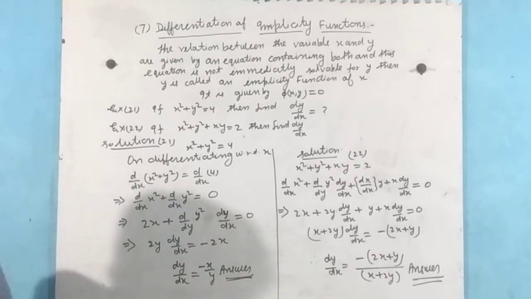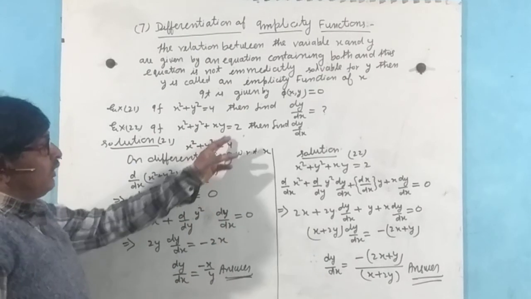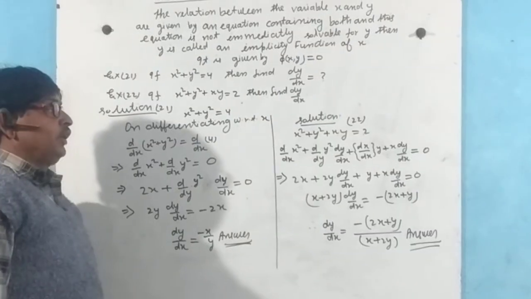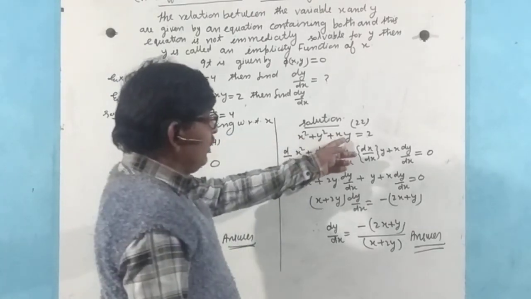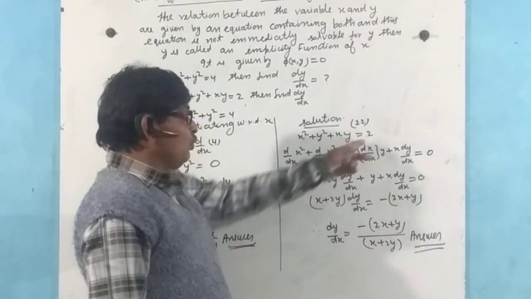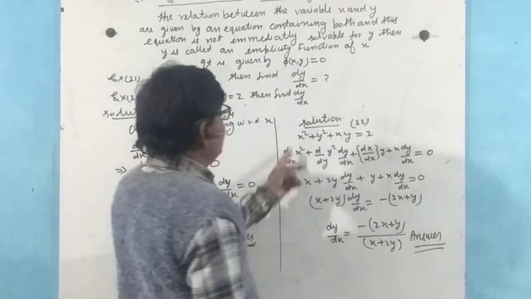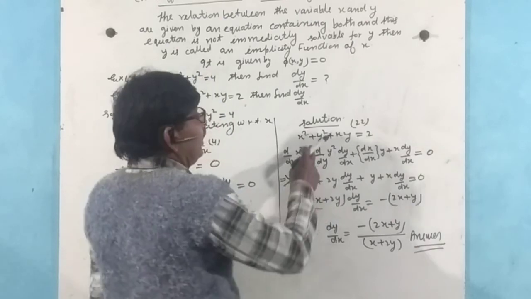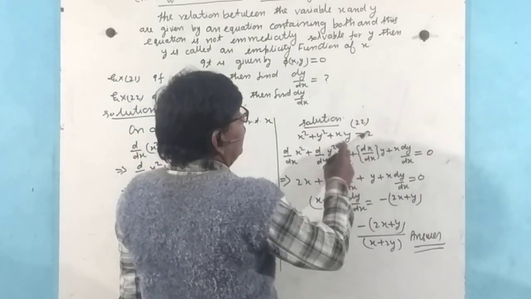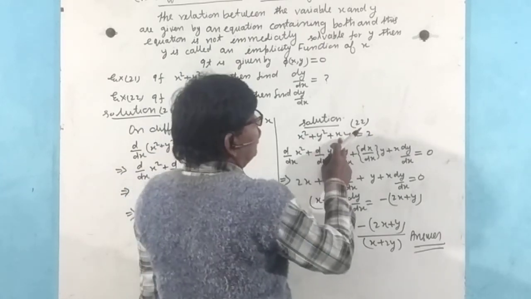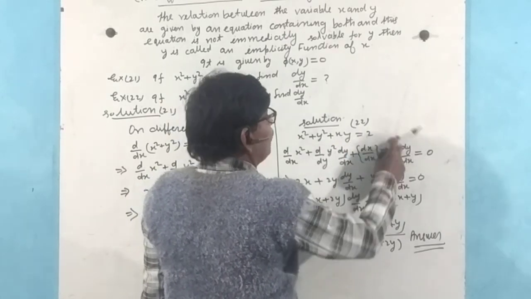Now question number 22 here. If x square plus y square plus xy equal to 2, then find dy by dx. On differentiating both sides with respect to x, here d by dx x square and d by dy y square into dy by dx, and this is in product form, dx by dx into y plus x into dy by dx.